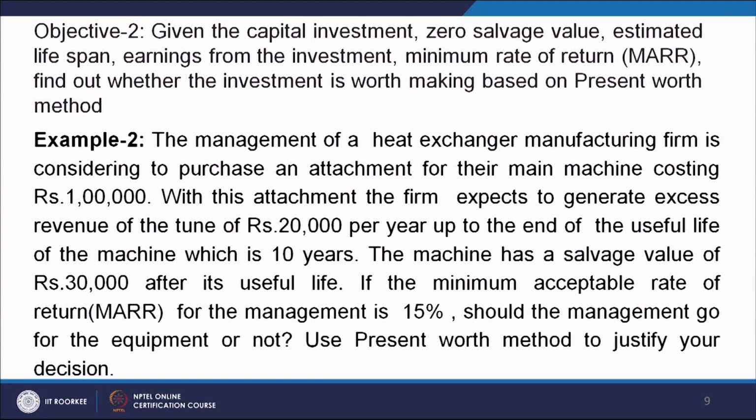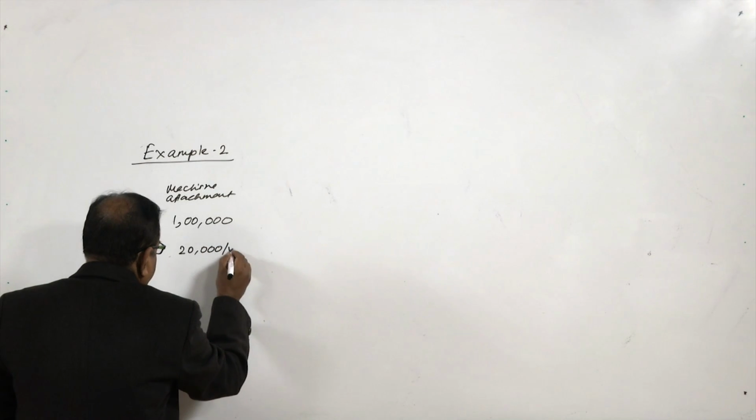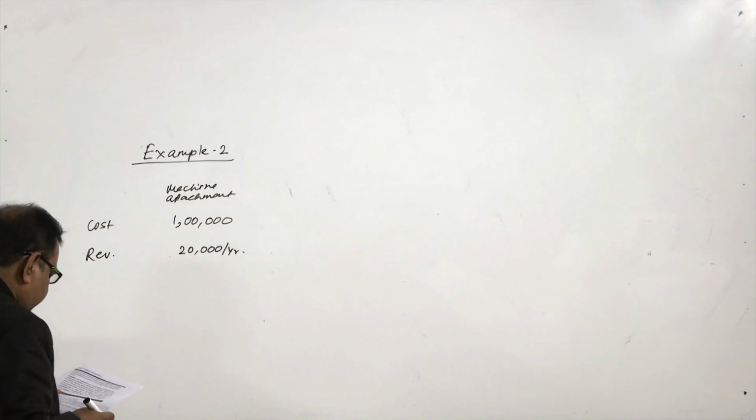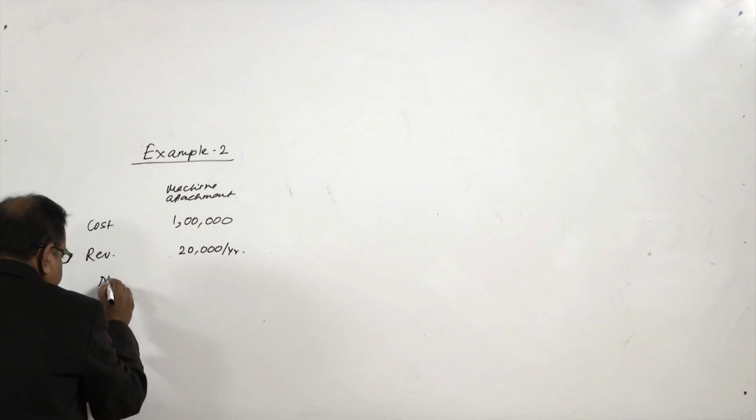With this attachment, the firm expects to generate excess revenue of the tune of 20,000 per year, up to the end of the useful life of the machine, which is 10 years.